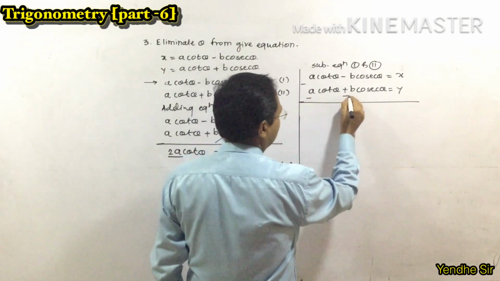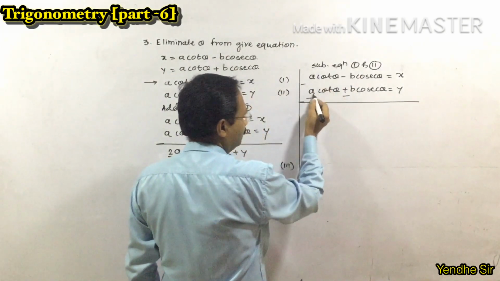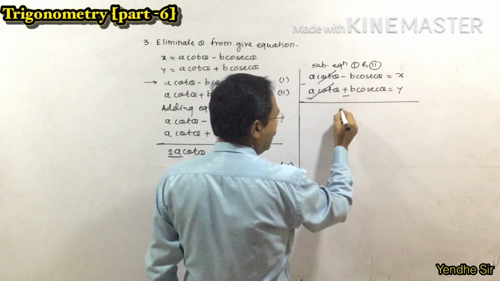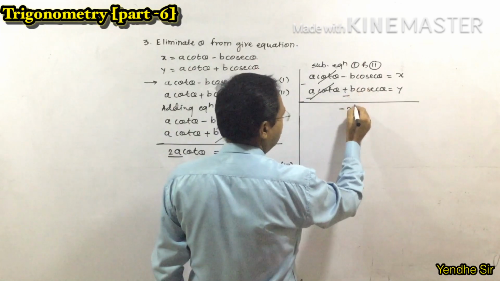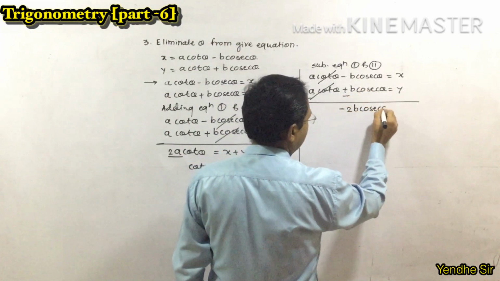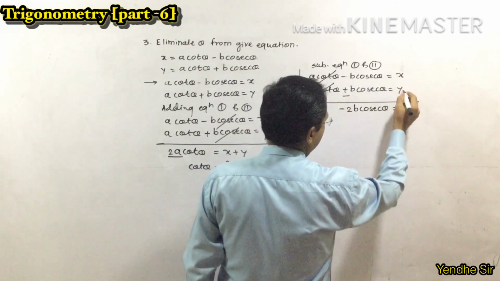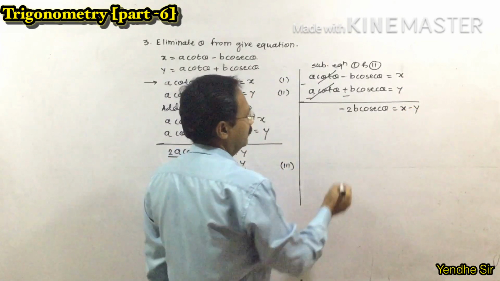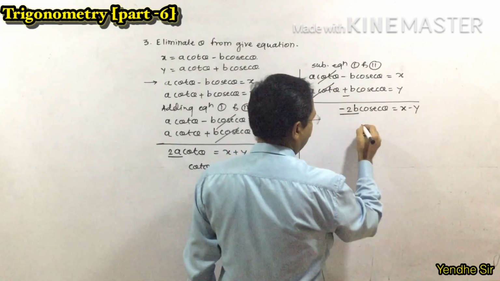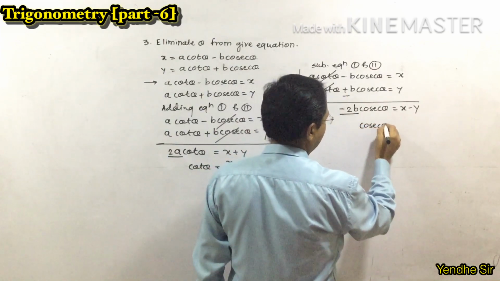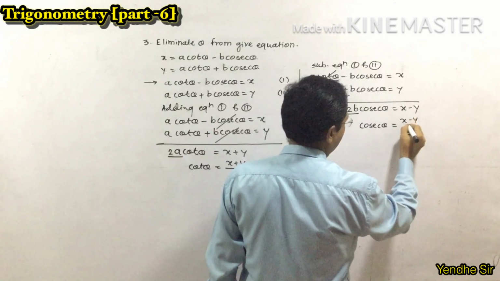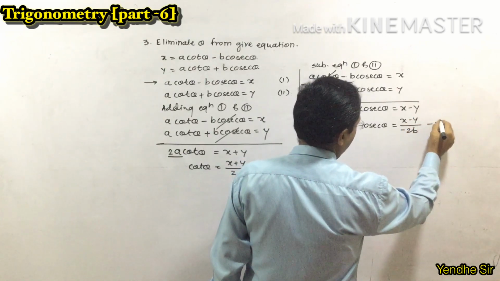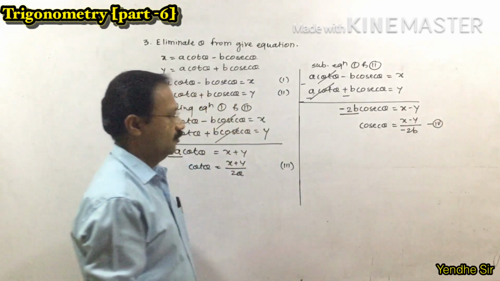It will be minus, it will be minus. Plus minus will be cancelled. Minus b cosec theta minus b cosec theta is minus 2b cosec theta, and this will be x minus y. Now it goes on that side, so you get cosec theta equals x minus y upon minus 2b. So this is my equation number 4.